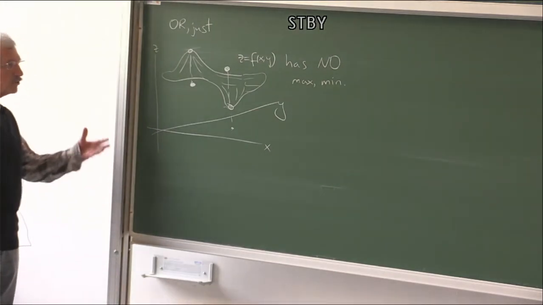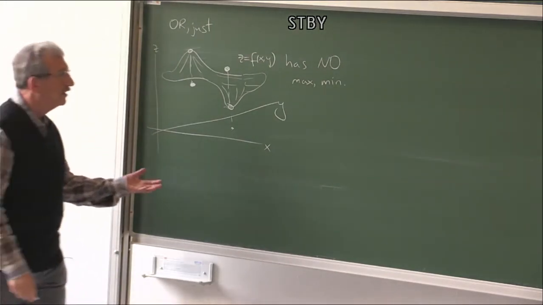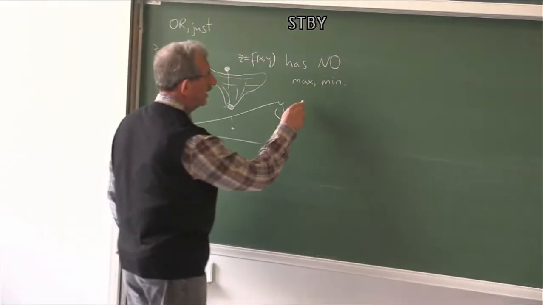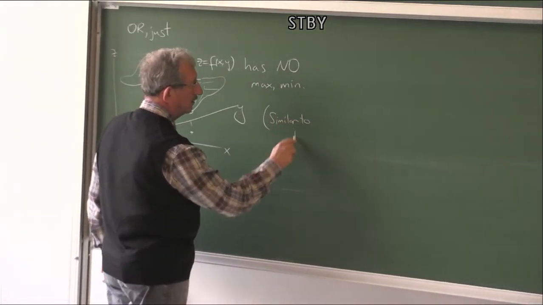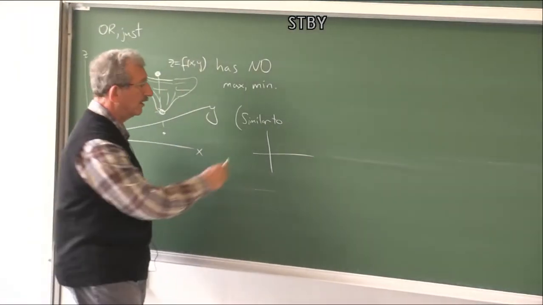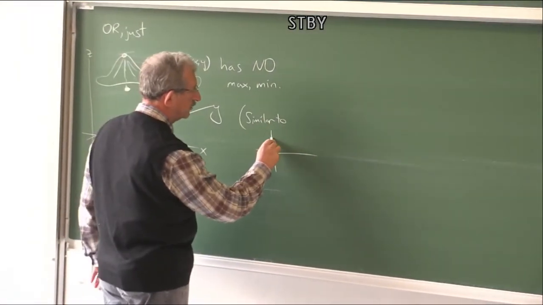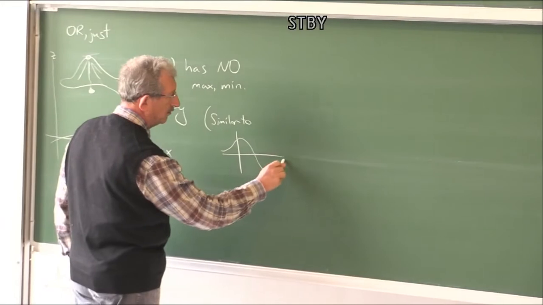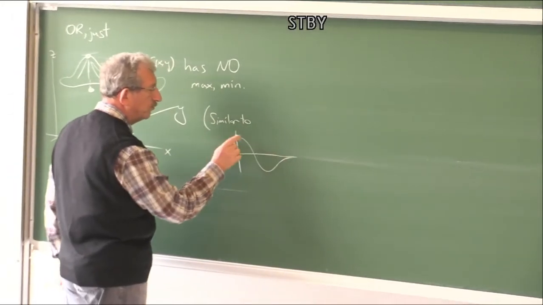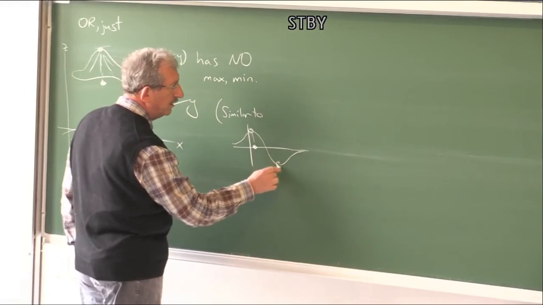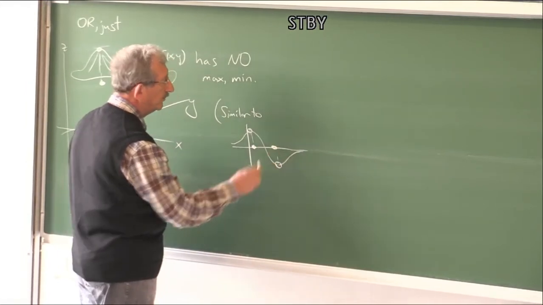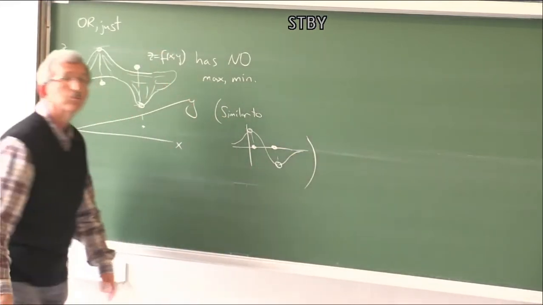Now this, of course, is similar to the case in one variable, which very much looks like this. Well, this would be the maximum value, make it 0. This should be the minimum value, make it 0. So there are no maximum, minimum.